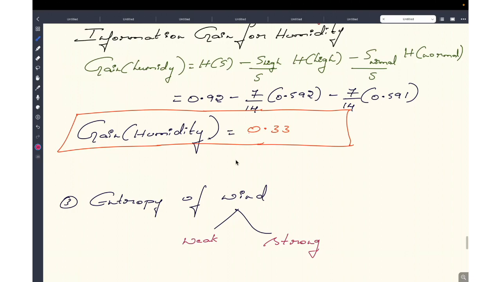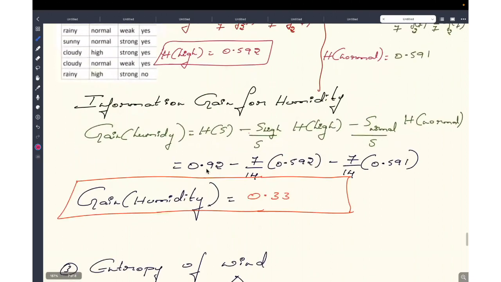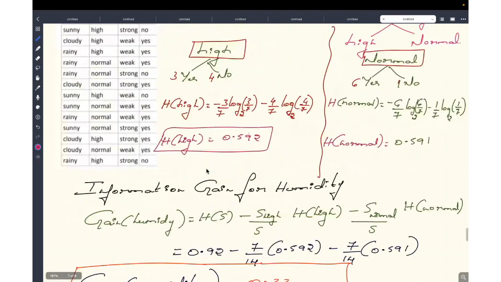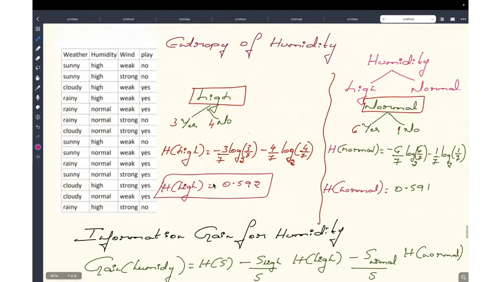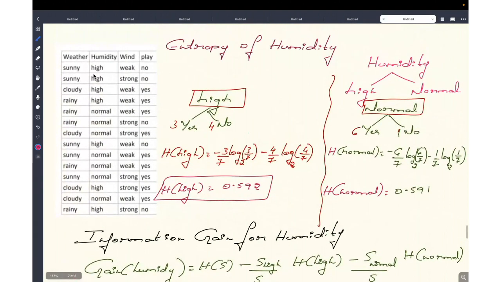It's giving 0.3285 only. I doubt this 0.33. Is this correct? High, no, high, no, 2, 3, highest 1, 2, 3, 4. Do you think both give the same answer? It's 0.15, not 0.33.